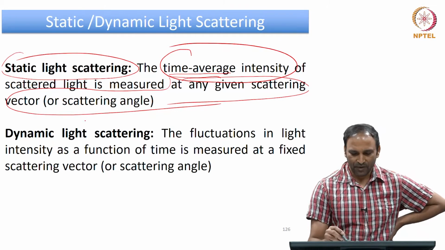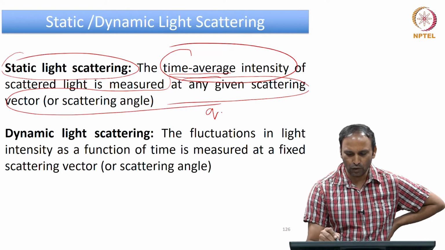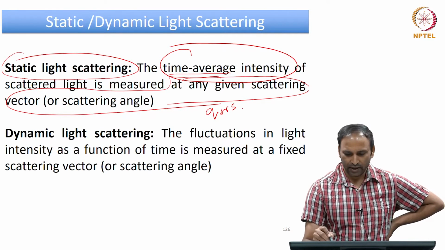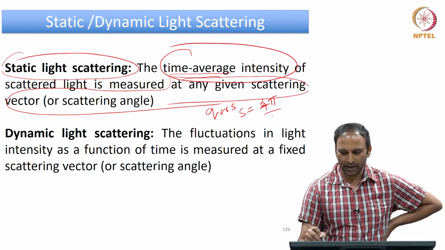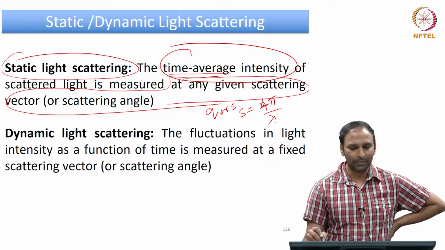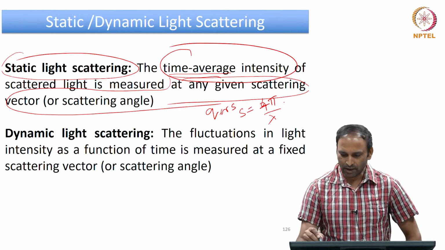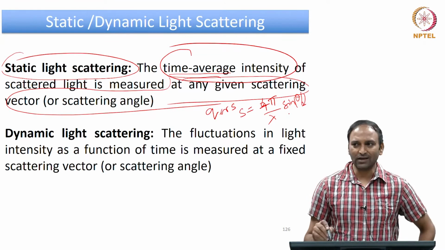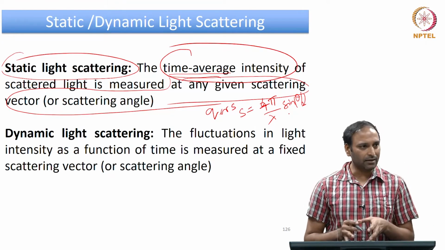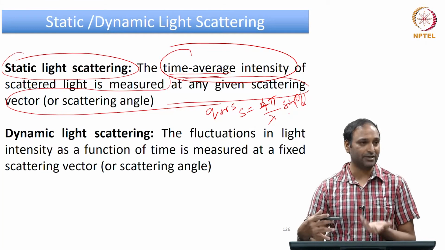That scattering vector is defined something like this. Typically people use either q or s. It goes as 4 pi divided by lambda, where lambda is the wavelength of the radiation source that you are using, multiplied by sine theta by 2, where theta is the angle at which you are collecting the scattered intensity. Okay.